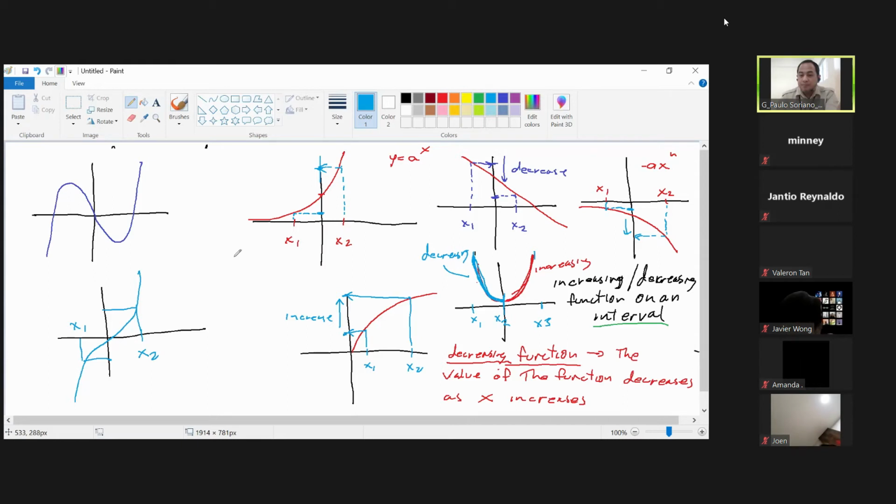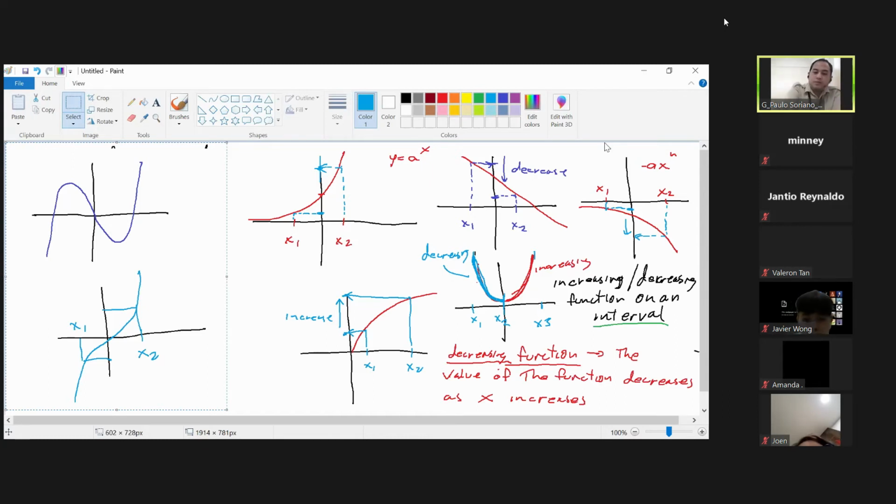So, how are you going to determine if the amount of medicine in the body is increasing or decreasing? Okay? So, there must be a shorter way or at least an easier way to determine if we have an increasing function or decreasing function aside from graphing the function.